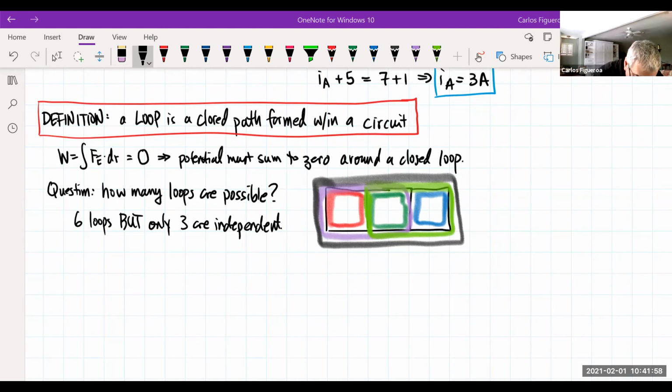So here we go. This is Kirchhoff's voltage law, which we lovingly call KVL.